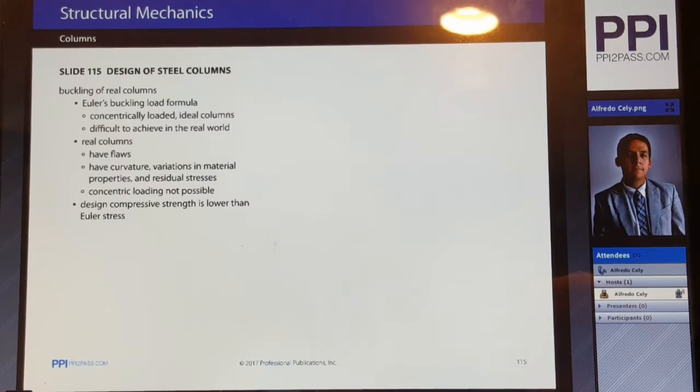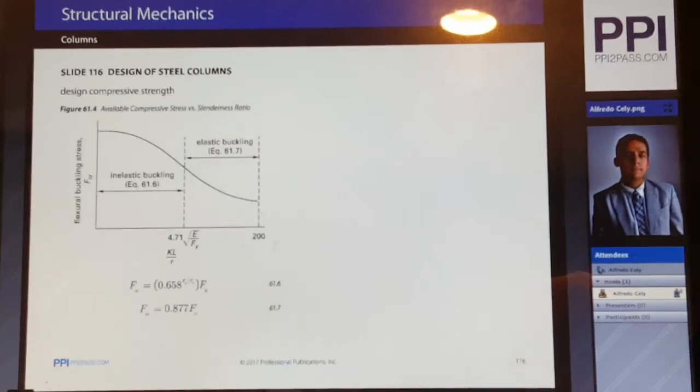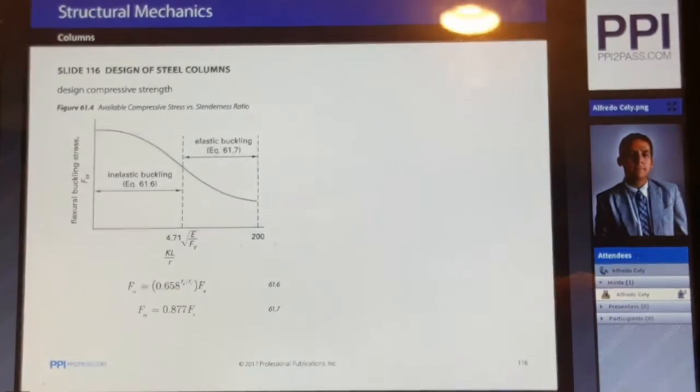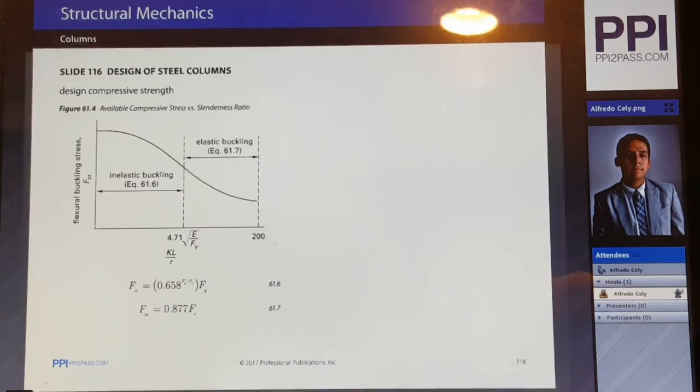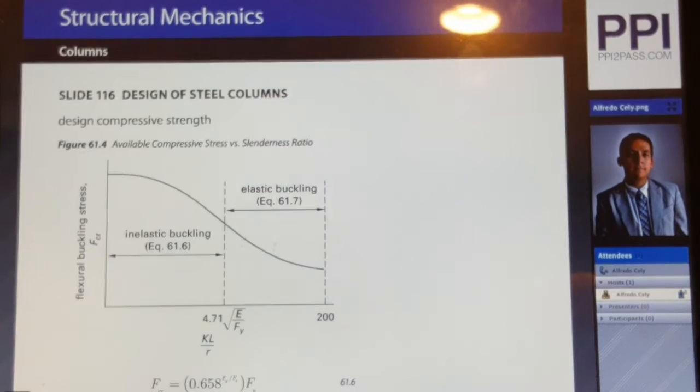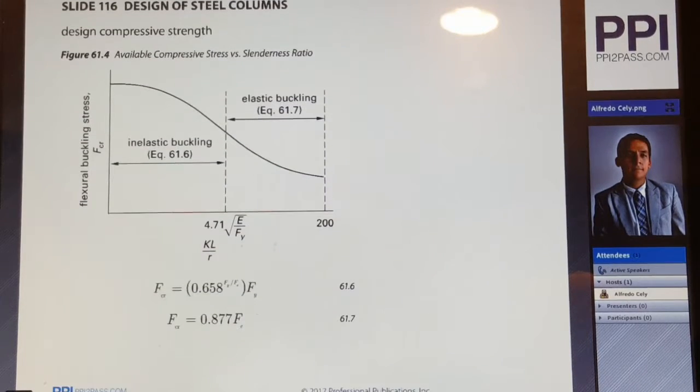Residual stresses are of particular importance with slenderness ratios of 40 to 120, a range that will include a very large percentage of the columns used in design. And here we have a better look at figure 61.4, with the two equations 61.6 shown at the bottom.